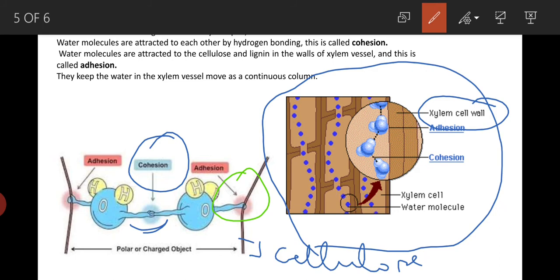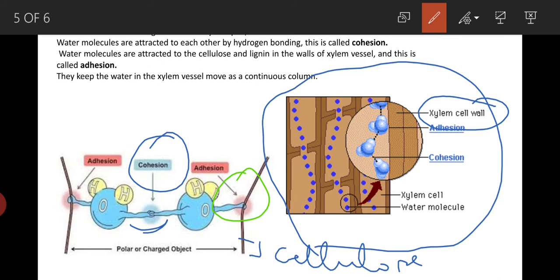The vessels are full of water, and the fact that the cells in the xylem are dead is an advantage, because it means that there is no protoplasm to get in the way of transport.